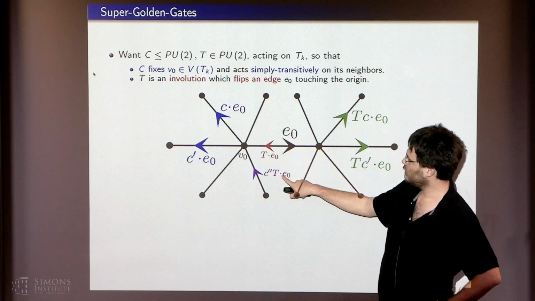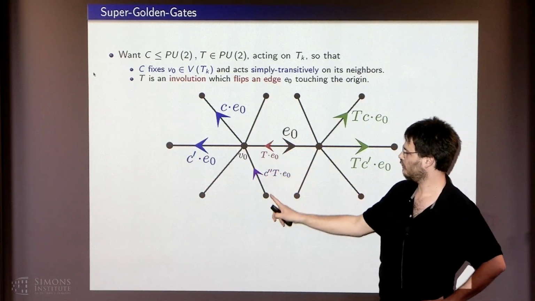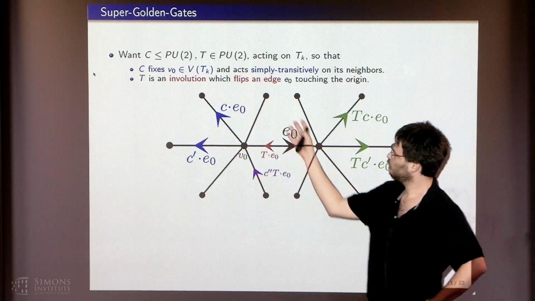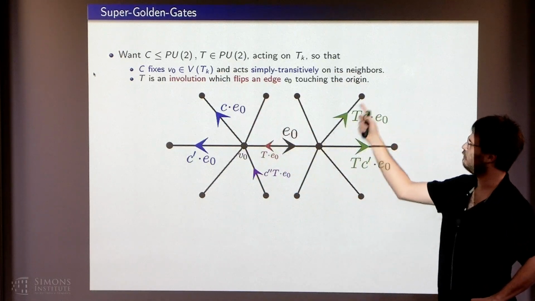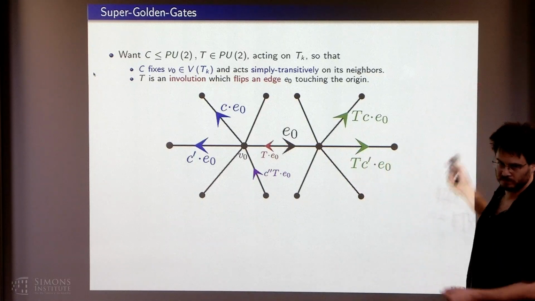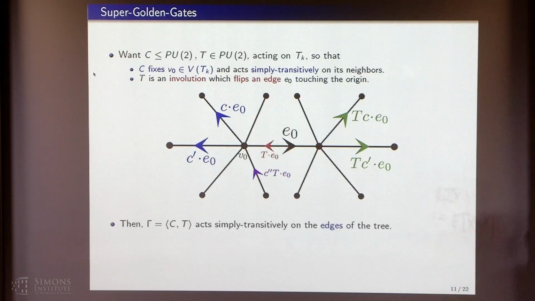So I can take T and then some C, and I get an edge going inward. Or I can rotate and then flip, and I get something here going outward. And I can continue. And if you have these two things, then it's pretty easy to show that the generated group acts simply transitively on the edges.